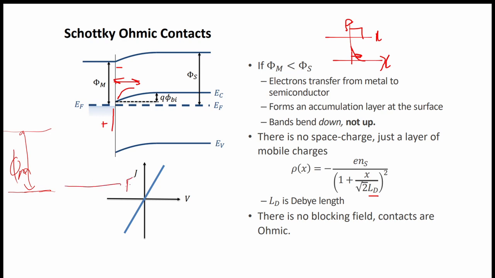This is the conduction band EC of the semiconductor, this is the Fermi level EF of the semiconductor, and this is the EV.